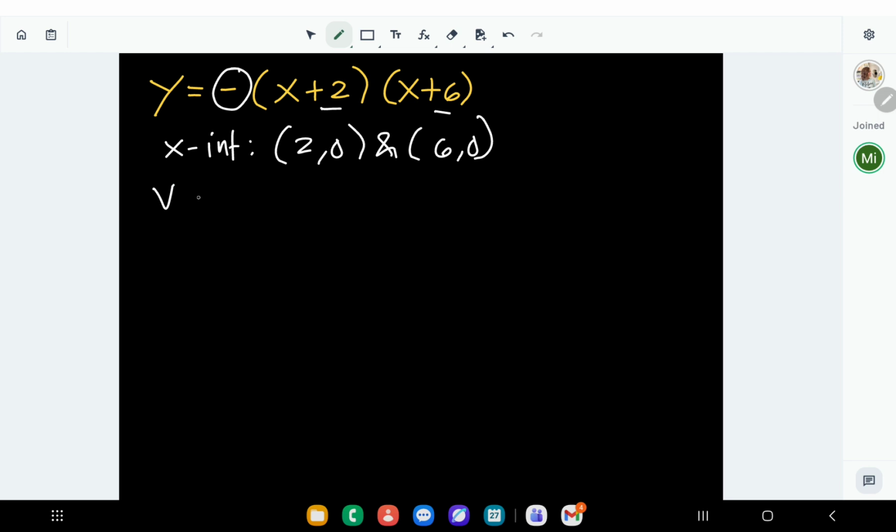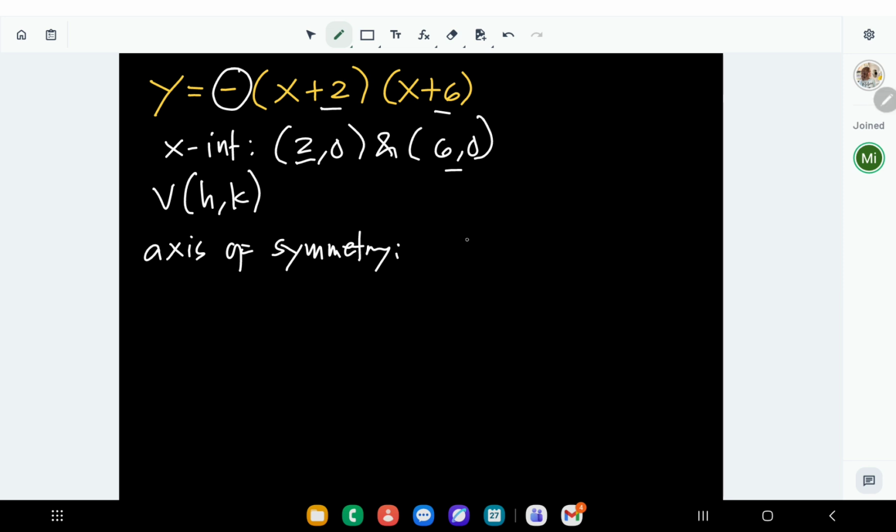the vertex (h, k), we find the axis of symmetry first. Since we're given the function in factored form, the axis of symmetry is just the line in between the x-intercepts.